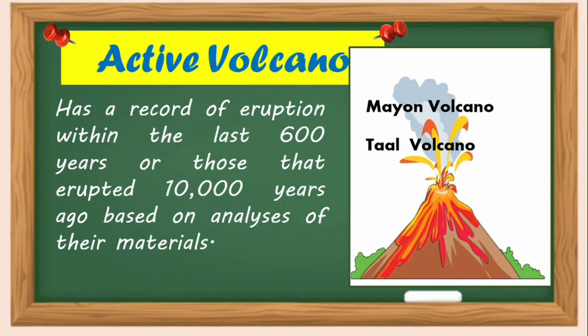Active volcanoes are volcanoes that have a record of eruption within the last 600 years, or those that erupted 10,000 years ago based on analysis of their materials. Examples are Mayon Volcano in Albay and Taal Volcano in Batangas.